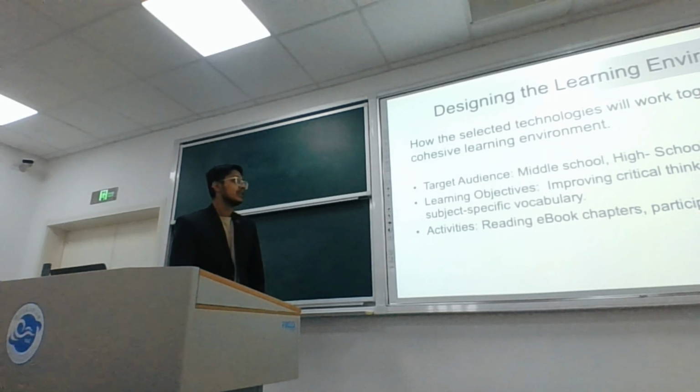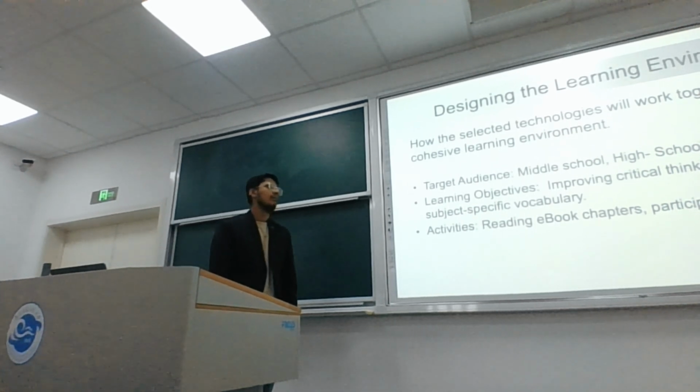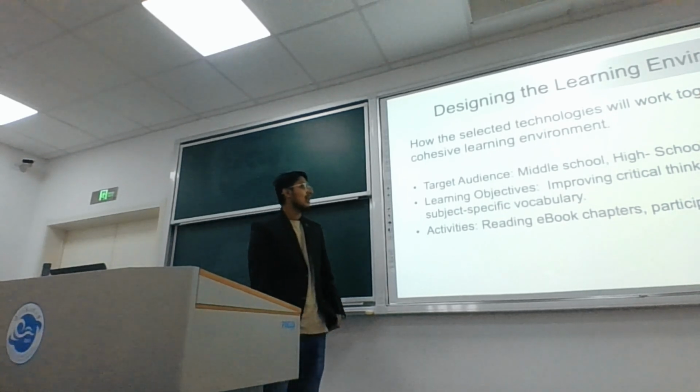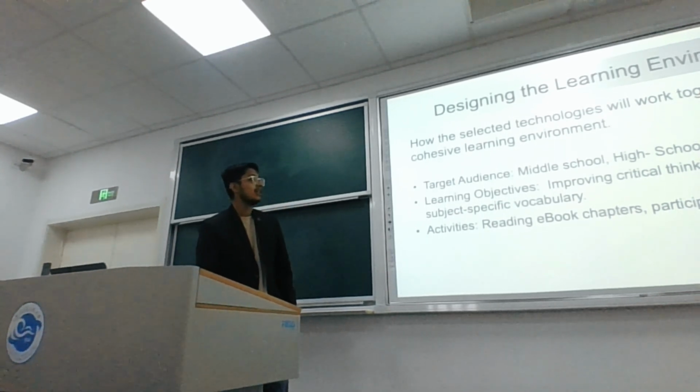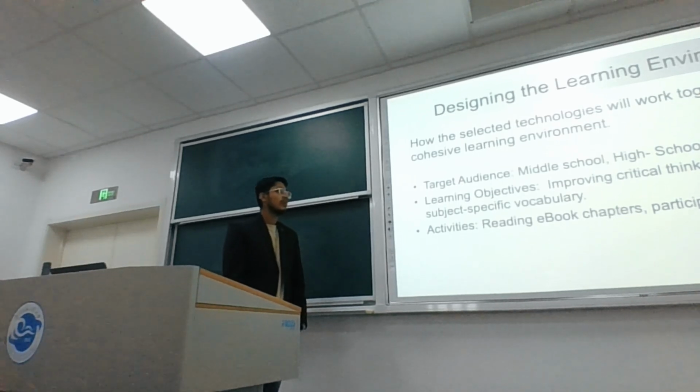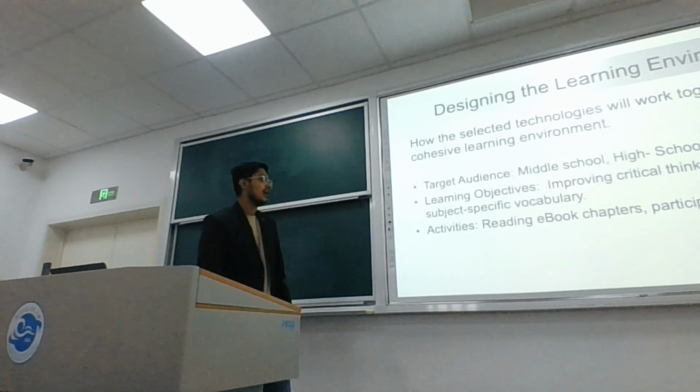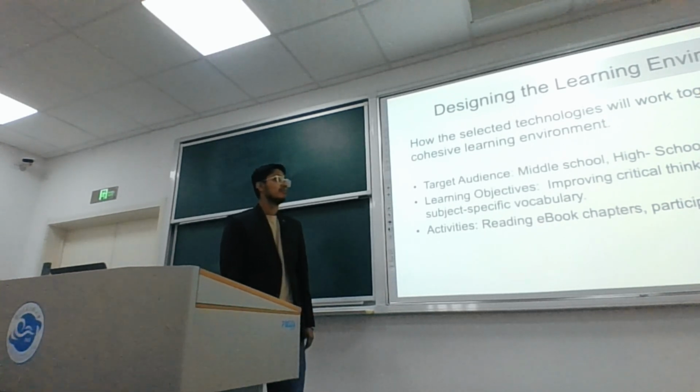Which kind of audience do you want to teach? Middle school, high school, university, and so on. And the learning objective: what will be the learning objective, improving critical thinking, mastering subject-specific vocabulary, and so on, up to you. Activities: reading ebook chapters, participating in forums.